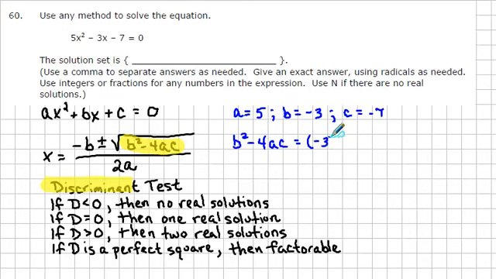So we find the square of -3 and subtract 4 times the a value of 5 times the c value of -7. The square of -3 is 9, and to that we subtract 4 times 5 times -7, and the result is 149.